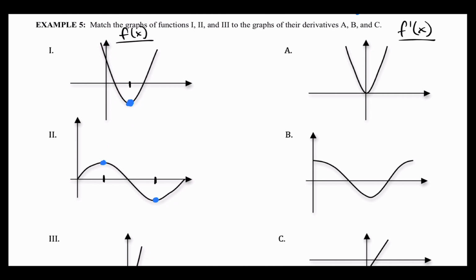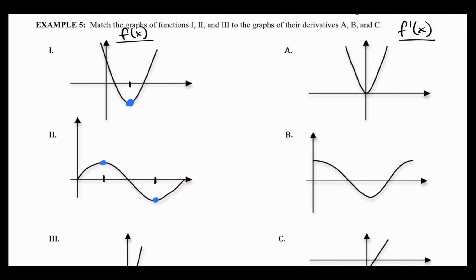If I say find the zeros on a graph, where would that be? X-intercepts, right? So these guys should have x-intercepts. This guy should have an x-intercept here, here, and here. So go to the other graph.